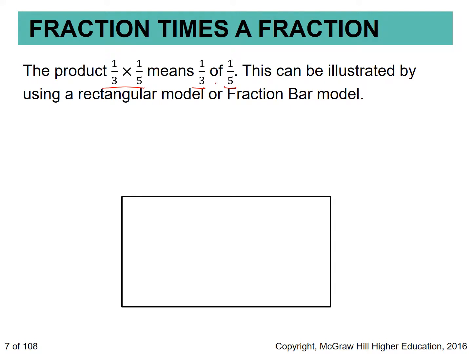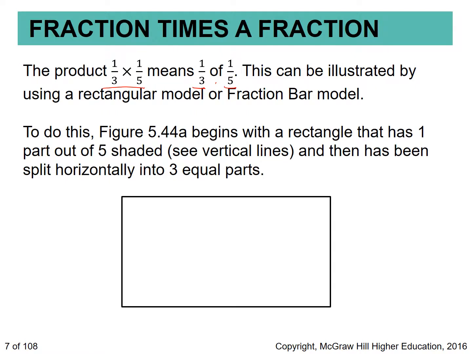I'm going to divide this, and they're not going to be pretty because you know how well I can draw by now. So I've taken this rectangle and I've divided it into 5 supposedly equal portions. If I shade 1/5 of it, that's what I have right here.